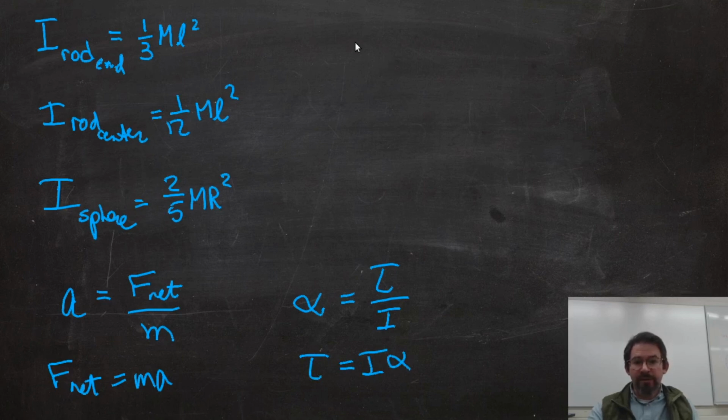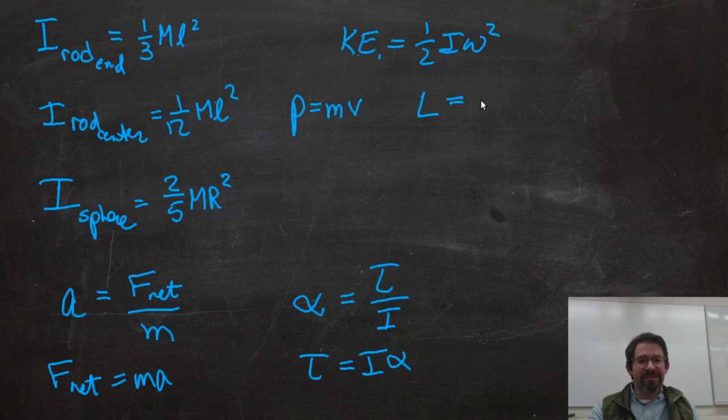Similarly, in this video, we showed that the kinetic energy is 1/2 I omega squared, and the same way that linear momentum is mv, angular momentum, which gets a capital L, no one knows why, is I times omega. So that's an introduction to the concept of moment of inertia, which is the rotational version of mass.